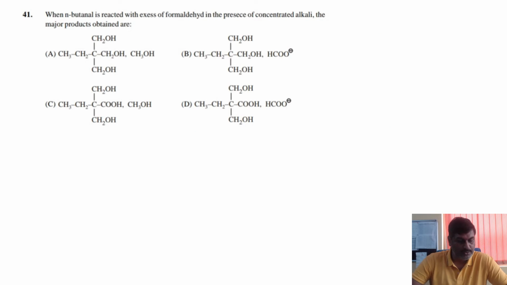So the next question is 41. Okay, and when N-butanol is reacted with excess of formaldehyde in the presence of concentrated alkali, the major product obtained are. I hope you got the question.